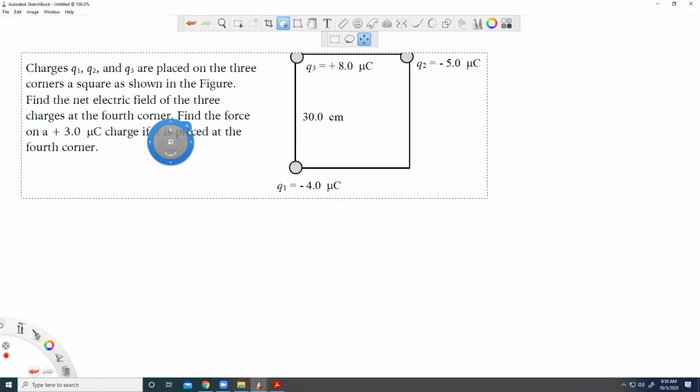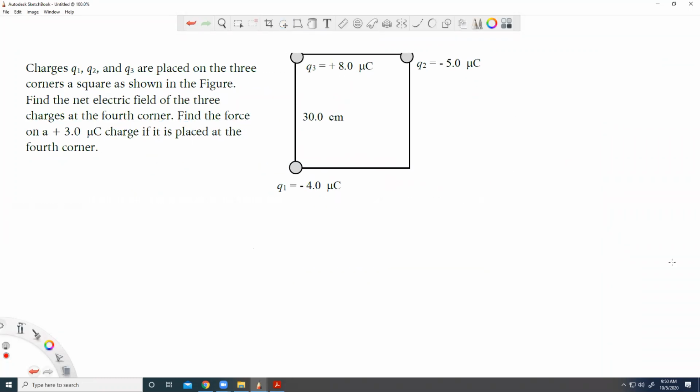Okay, here is our question. So what we do is we first need to see the electric field due to the individual charges at that point. Whenever you are asked to find the electric field at a point, imagine that there is a test charge there. Although you don't see any charge here, imagine there is a test charge sitting there.